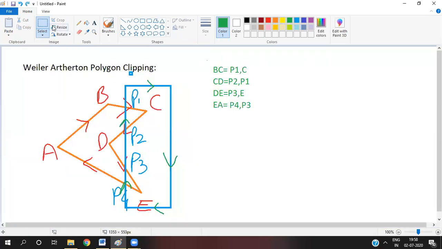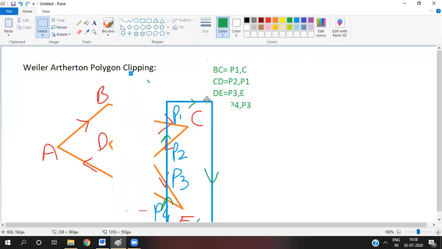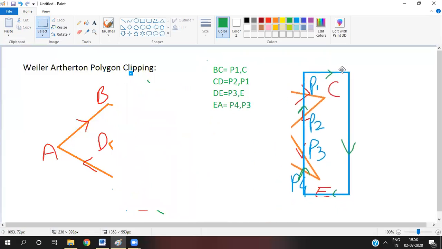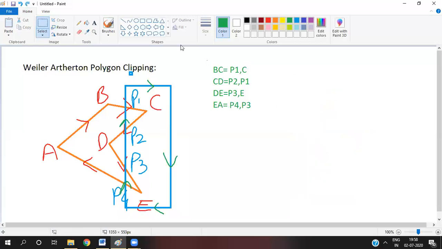Against the boundary I will directly clip.